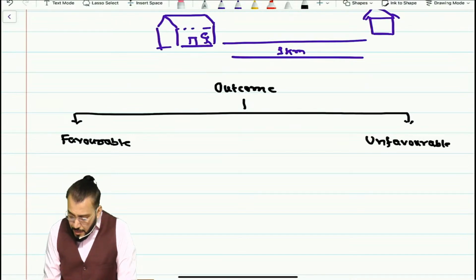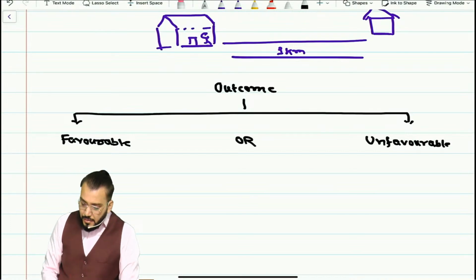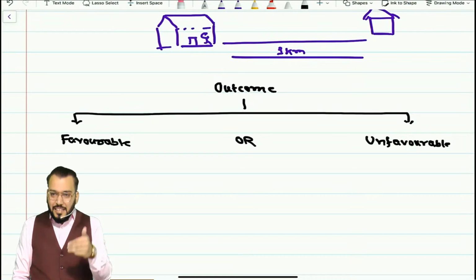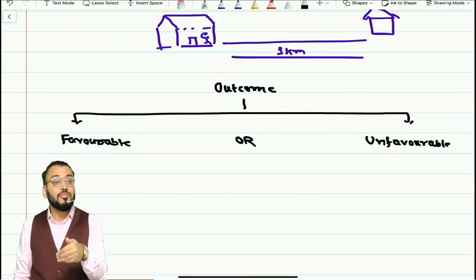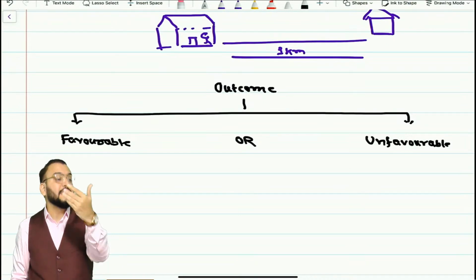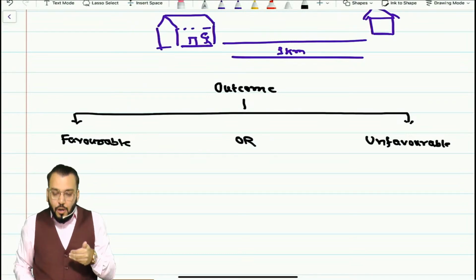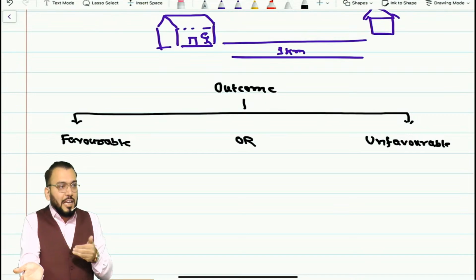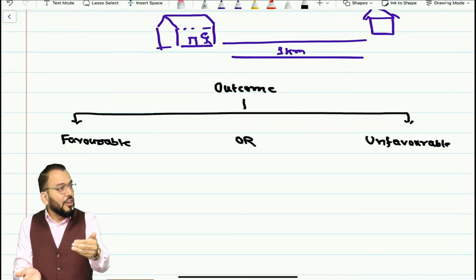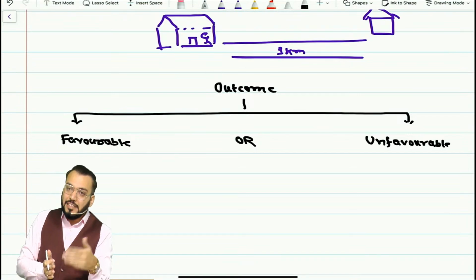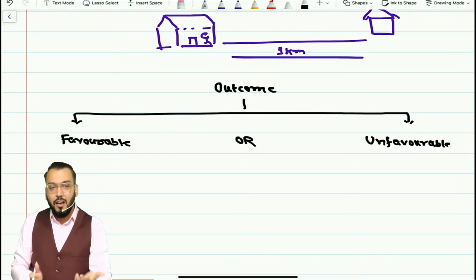Either it will be favorable or unfavorable. Either that condition will give rise to some income in future or some expense in future. It will not be both. Either there will be inflow or outflow. From one transaction, there cannot be inflow as well as outflow. So either there will be expected inflow or expected outflow.